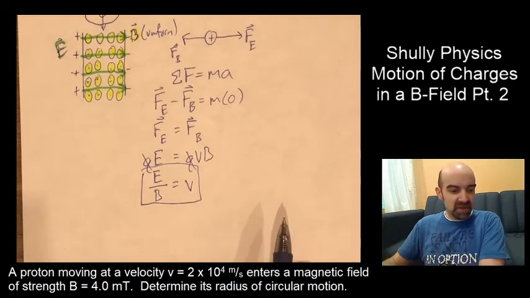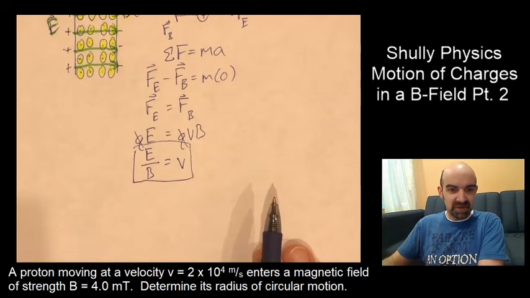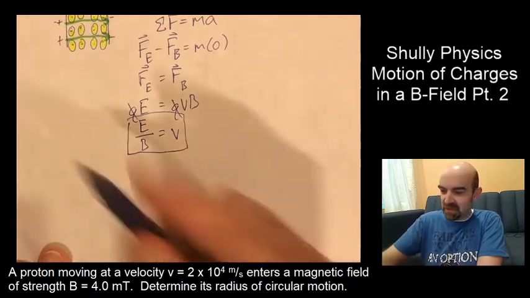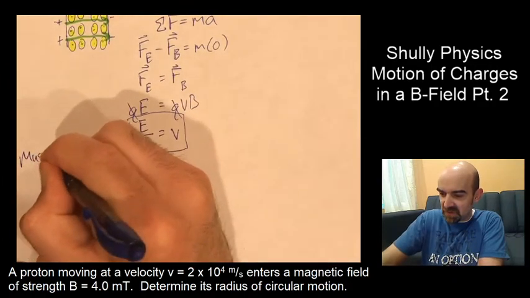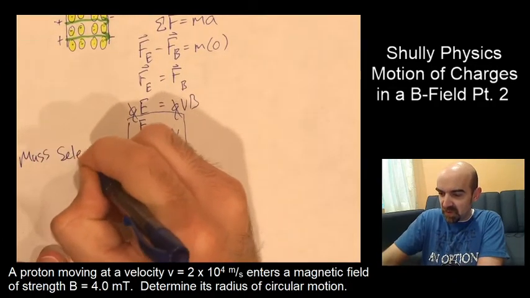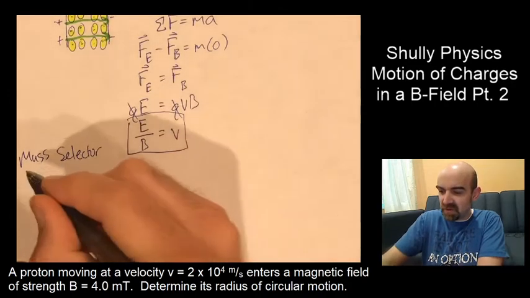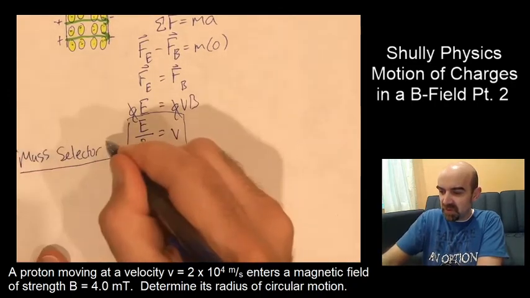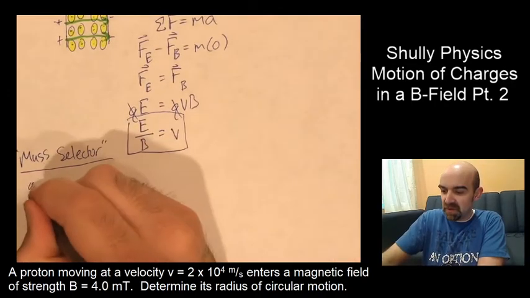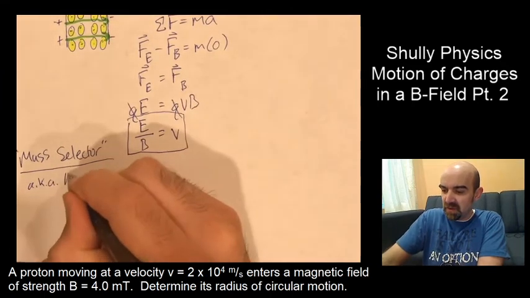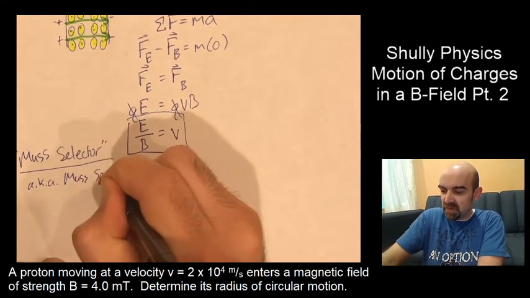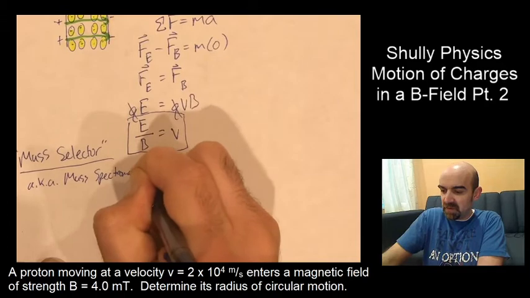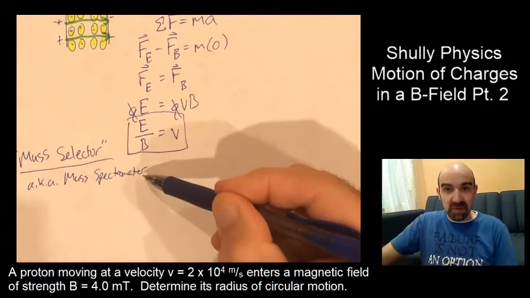Okay. Our second application is just an extension of that, called a mass selector, also called a mass spectrometer. This one you use as a measuring instrument.